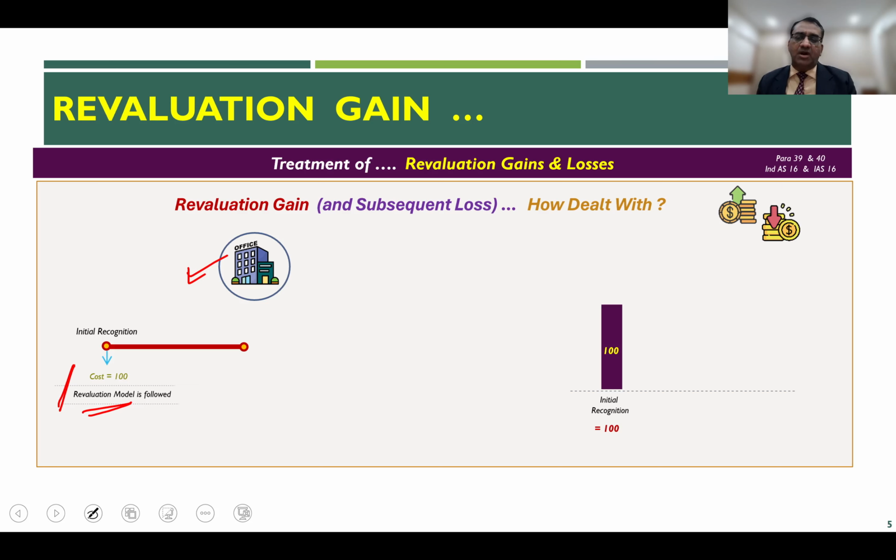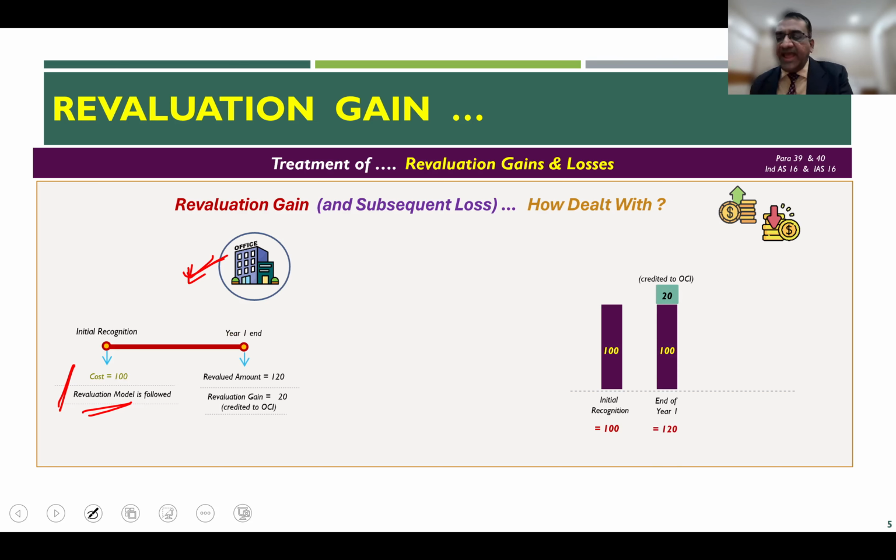The revaluation model is followed for the entire class of this type of asset, let's say building in this case. Then let's say at the end of year number 1, the cost of 100 rupees gets revalued to 120 rupees. That means there is a revaluation gain of 20 rupees.